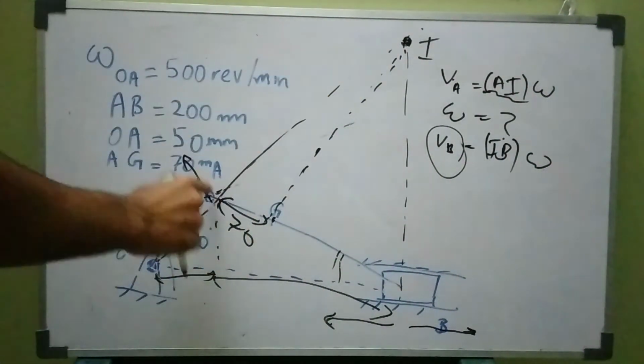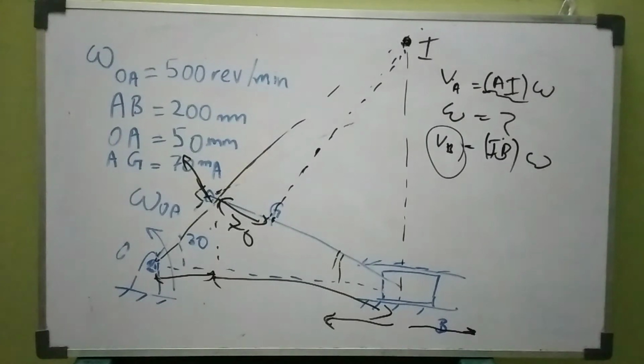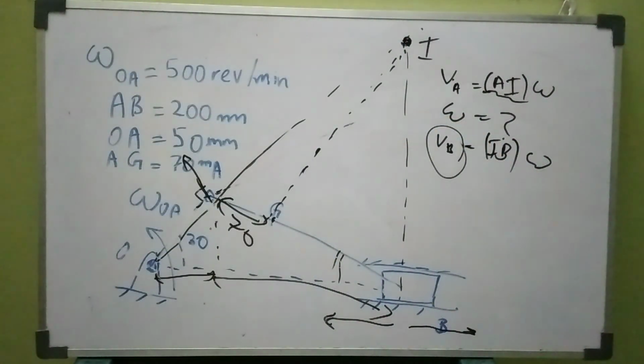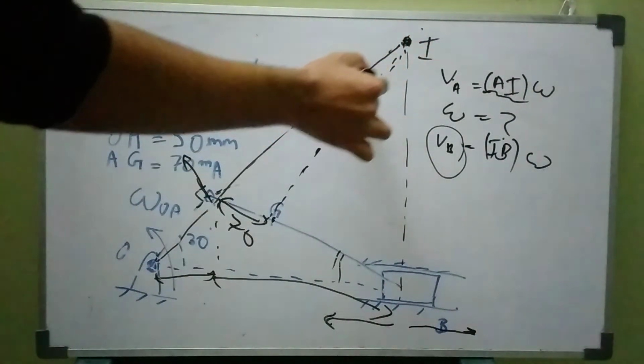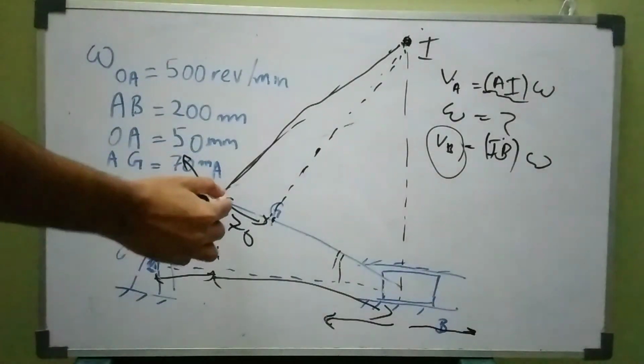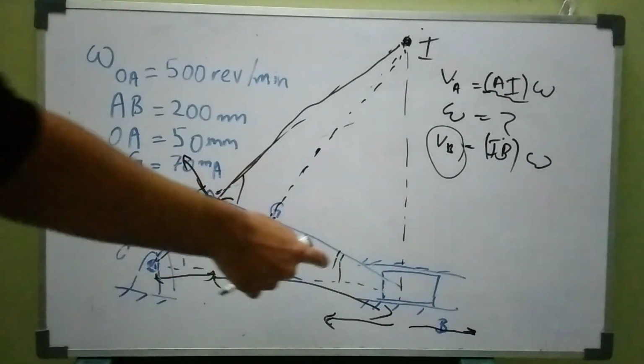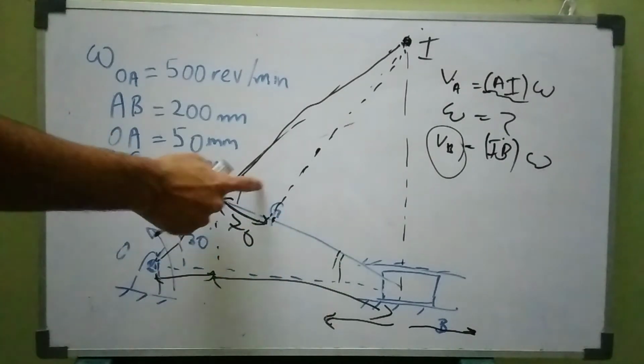If we know the value of IG, we can directly tell IG into omega would be equal to that. For that, we know this value AI and this value is 70, and we can find the angle of this because we knew the value for this.